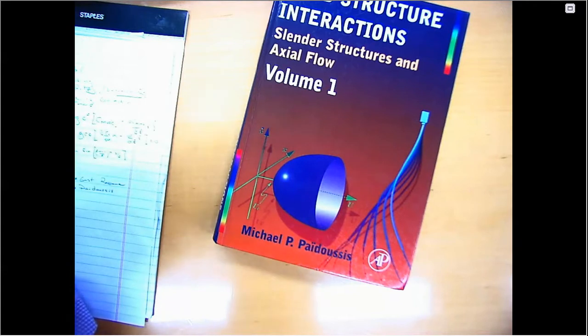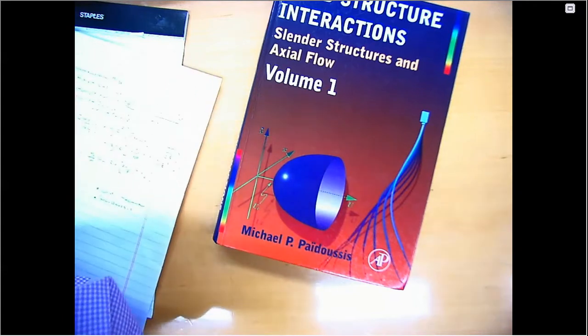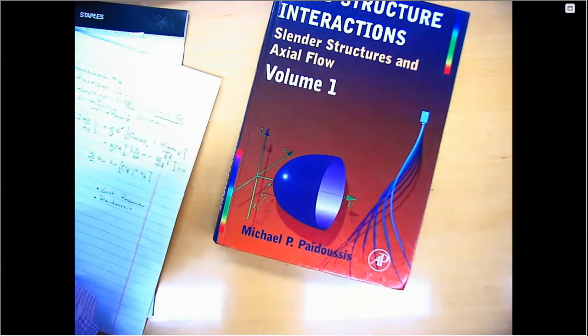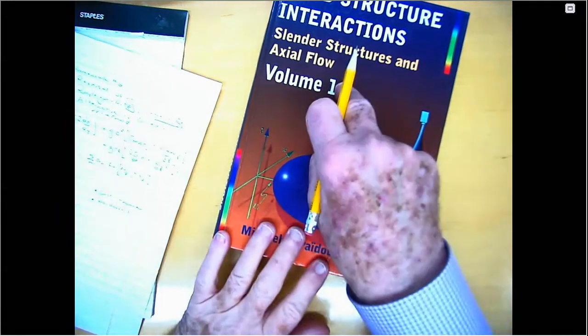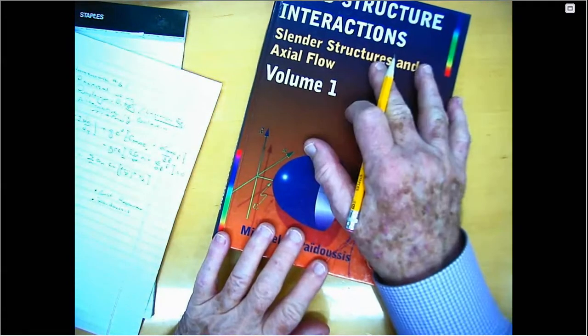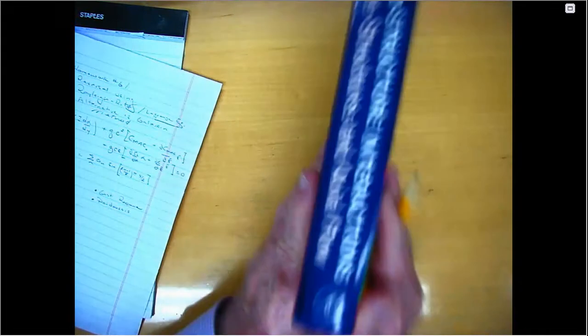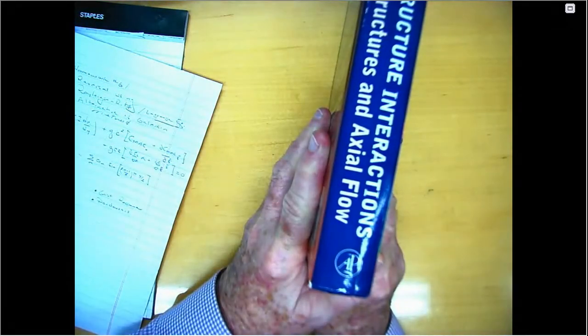So you can spend the next several decades working on this, and he did. He must have graduated, I don't know, dozens of students, all of whom more or less worked on this kind of issue. This is volume 1, and he references some of the classical literature, and some of my favorites. But if this volume, which is a fairly substantial thing, is not sufficient to your needs, there's a volume 2, which is even thicker.